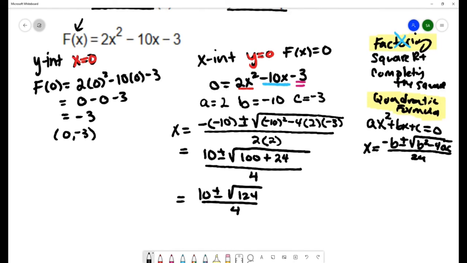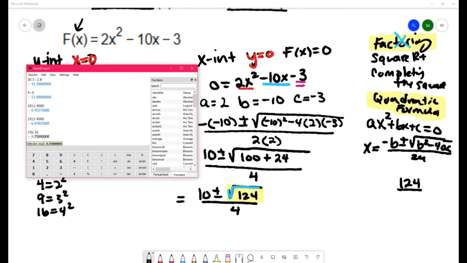And then at this point, I want to simplify the radical first as much as I can. So I need to think of the factors of 124. Now, I'm sure that there are a lot of factors of 124, but the ones we really care about are the ones that are perfect squares. And the reason why we care about the perfect squares is because we're trying to square root. So we're going to test out 4, which is 2 squared, 9, which is 3 squared, 16, which is 4 squared, and see if we have any of these factors.